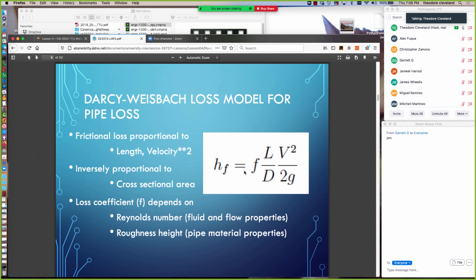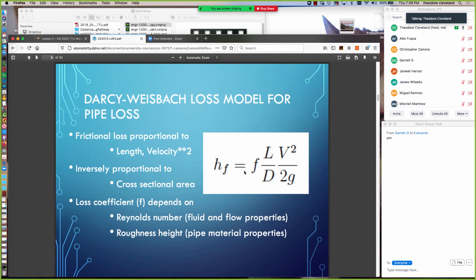If we study that equation, we conclude that the loss term is proportional to the length of the pipe, proportional to the square of velocity, and inversely proportional to the cross-sectional area, and directly proportional to the loss coefficient F. F itself depends on the Reynolds number, which incorporates fluid and flow properties, and depends on the roughness height, which is a consequence of the pipe material selection.